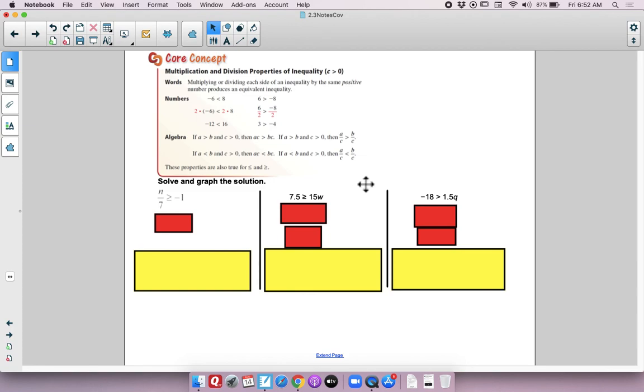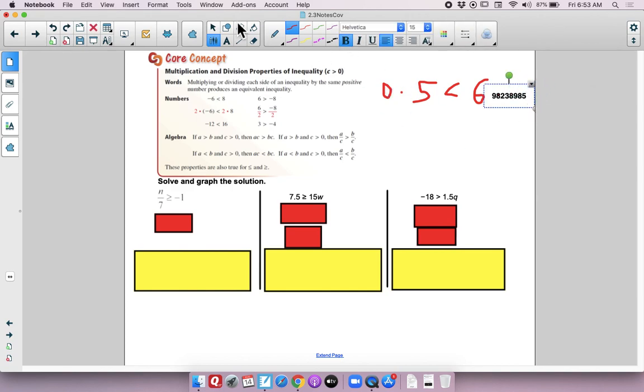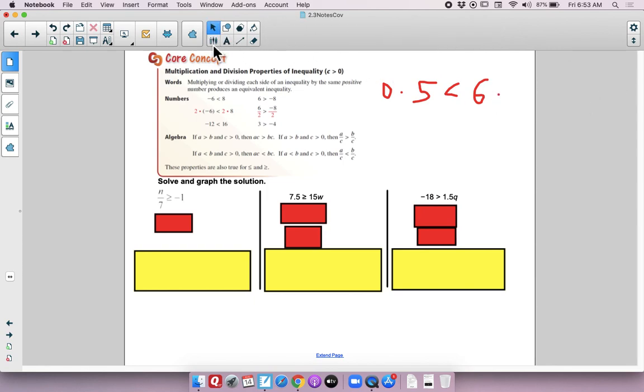By the way, why can't C be equal to 0? Think about it. If I had 5 is less than 6, and I multiply both sides by 0, are these equal?